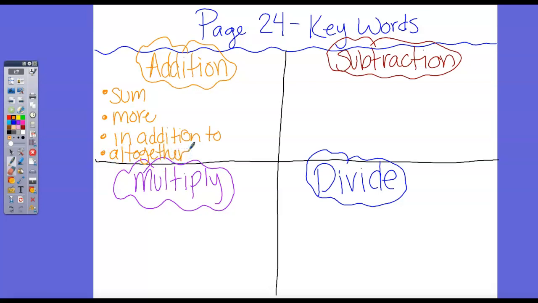We also have total. Combined. In all. I also have increased.